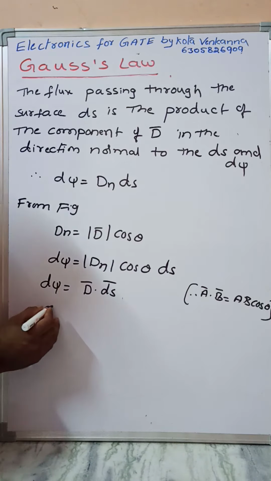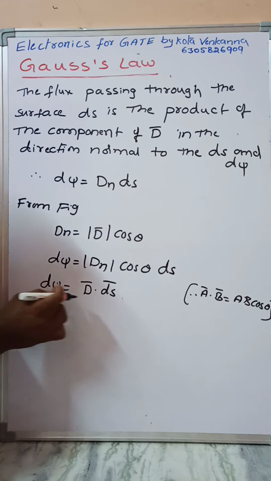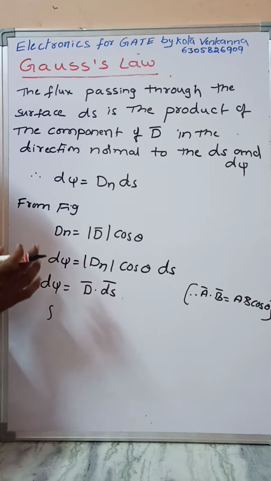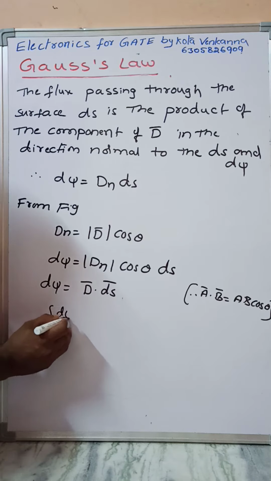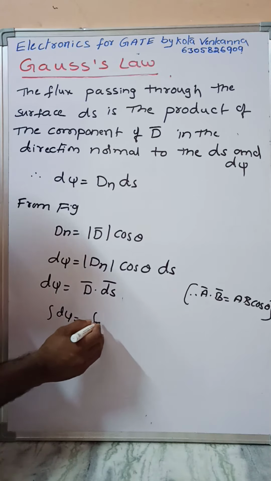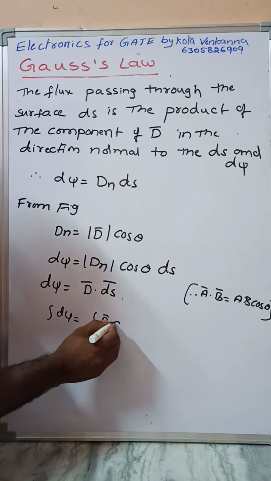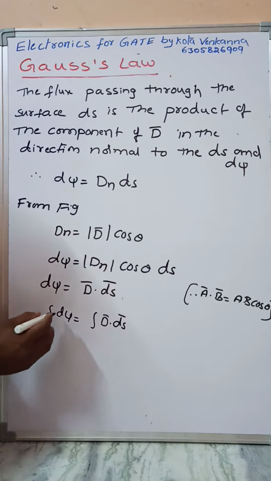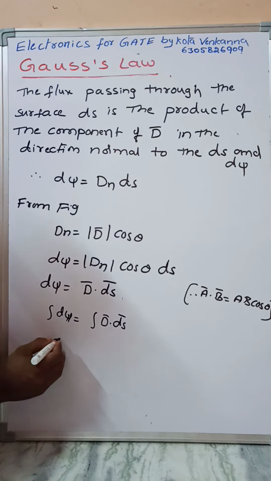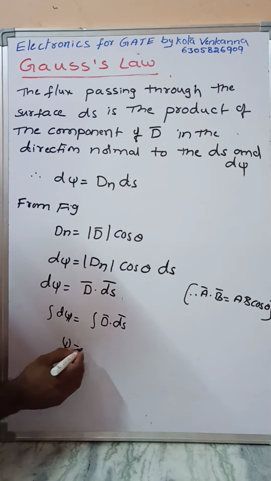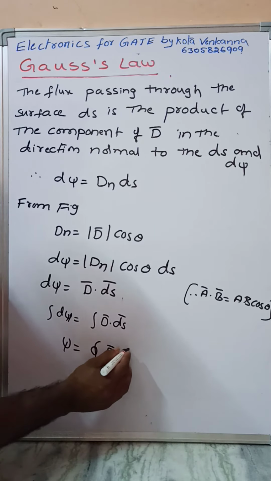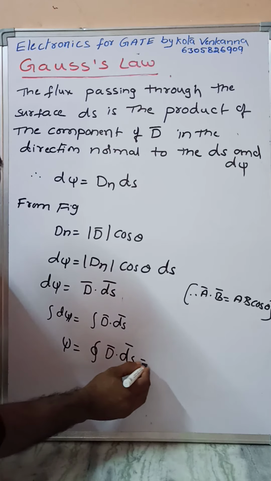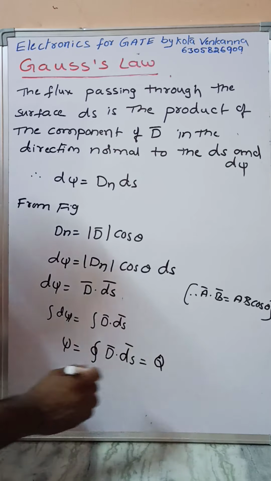The integral of d psi is equal to the integral of D dot ds, so the total flux psi is the surface integral of D dot ds, which is equal to Q, the enclosed charge.